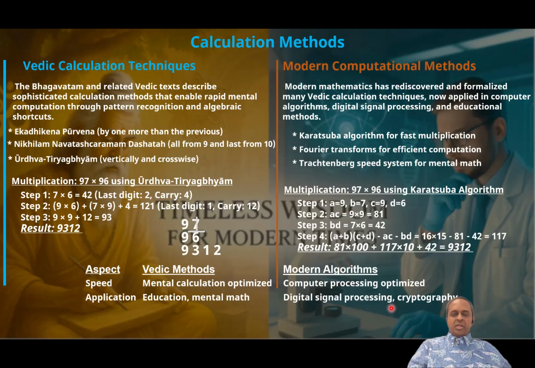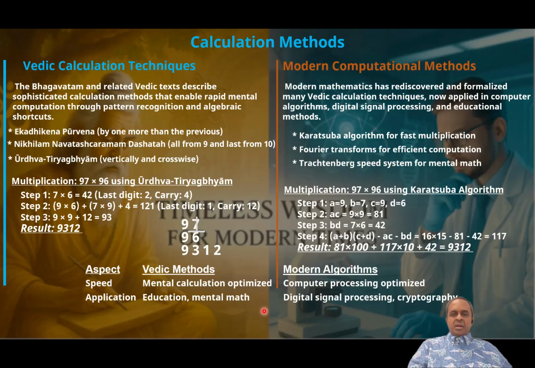The remarkable truth is that ancient Vedic calculation methods often outperform modern techniques for human mental computations, while modern algorithms excel in computer applications. This suggests that ancient mathematicians understood human cognitive patterns in a way that modern education is only beginning to rediscover. Why do we say that? That's what a lot of what we call artificial intelligence algorithms are based on, LLMs.